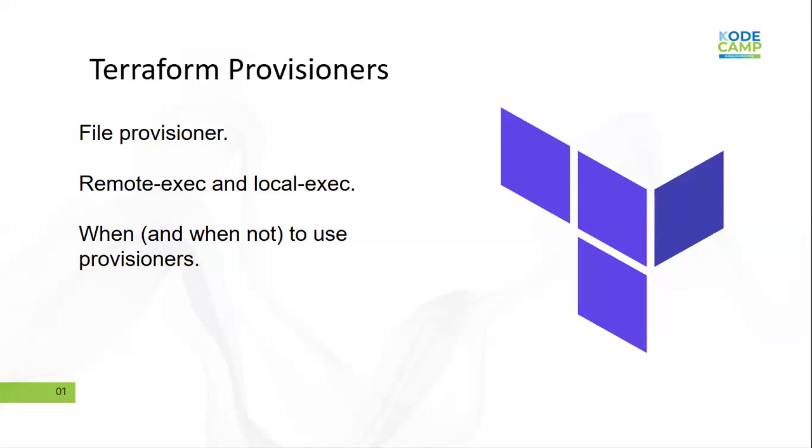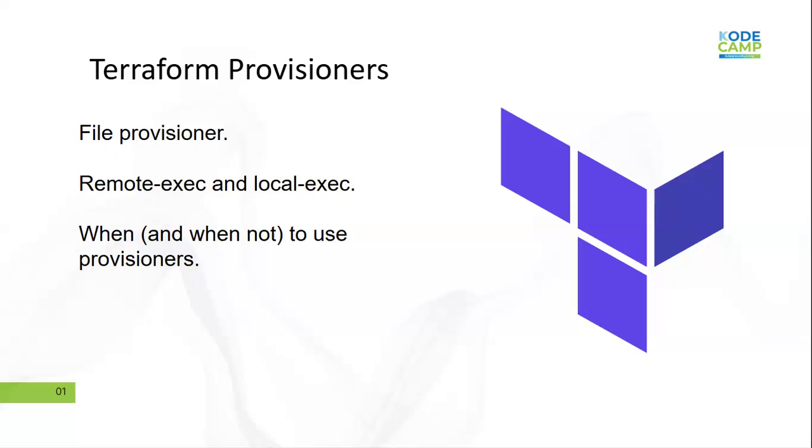Now, like I said, when and when not to use provisioners. Local exec is when you want to run a script, either pre or post the provisioning process. If you want to run a script before your provisioning starts, that will help the provisioning, or if you want to run a script after your provisioning has been executed, that's when you use what? Local exec. Now, remote exec, if you want to run a particular setup within the resource, like SSHing into it and installing something, that's when you use remote exec.